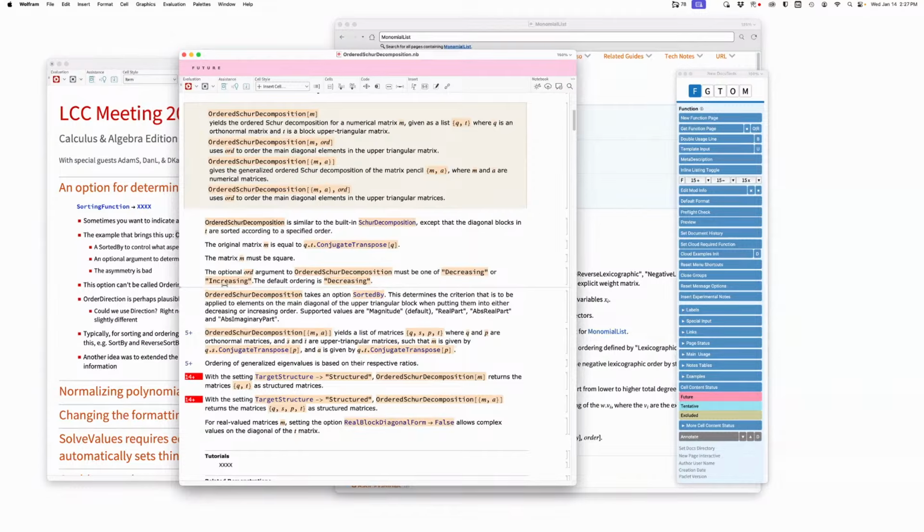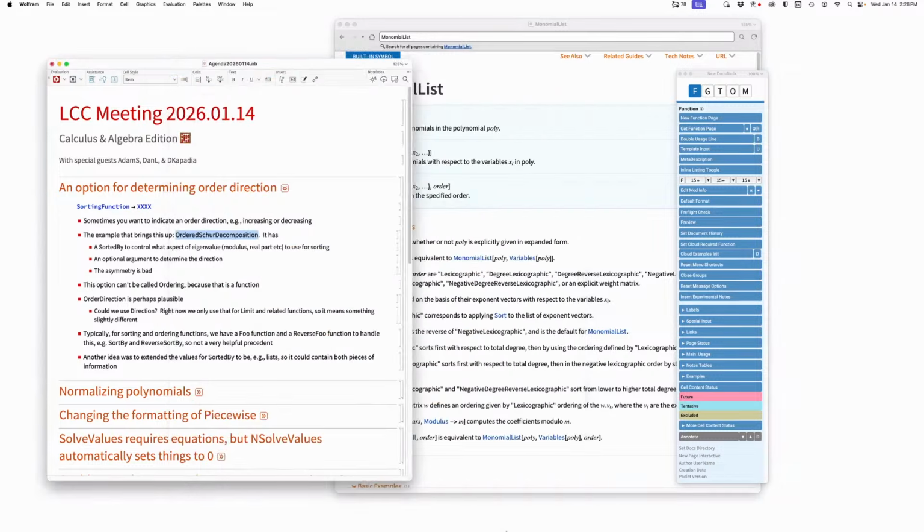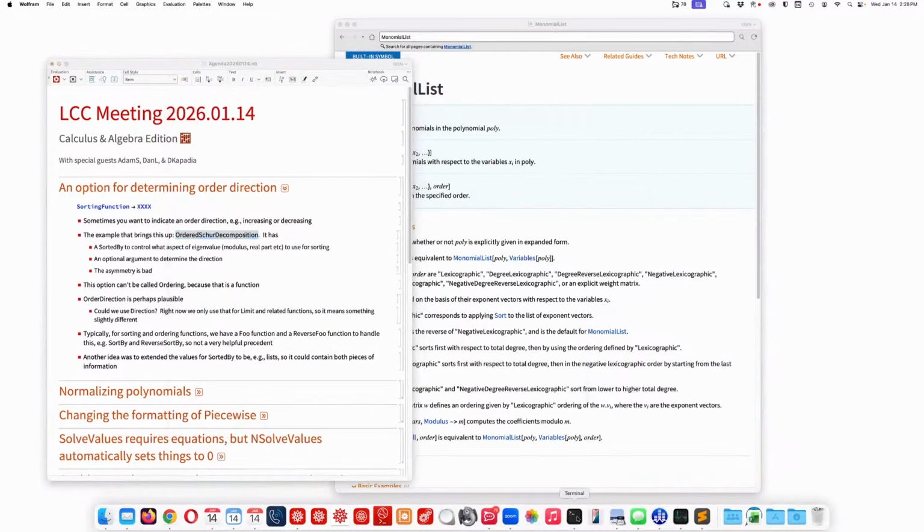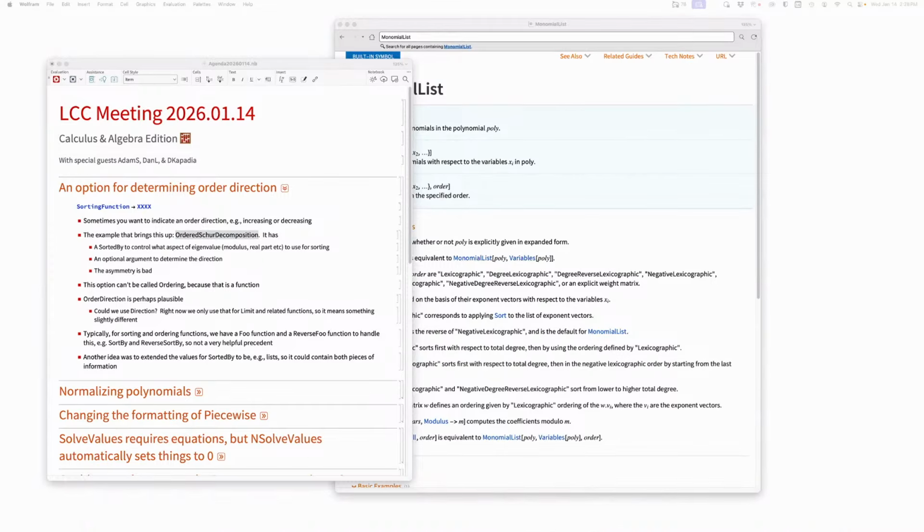And then it has this separate option SortedBy, which can be like Abs, ReIm, or AbsRe. This is actually a pretty old version of the page.